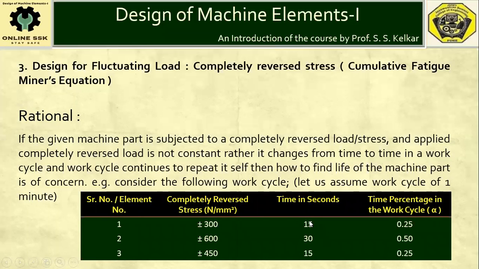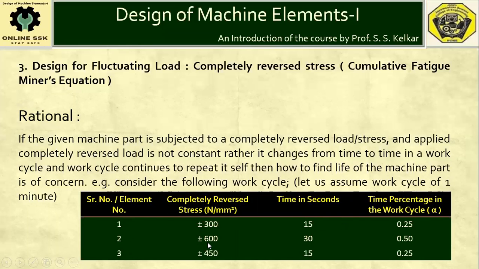Here one can see the total work cycle is 1 minute or 60 seconds, and the first element lasts for 15 seconds. That means in fraction it lasts for 1 by 4 or 0.25. It is lasting for 25% of the time.